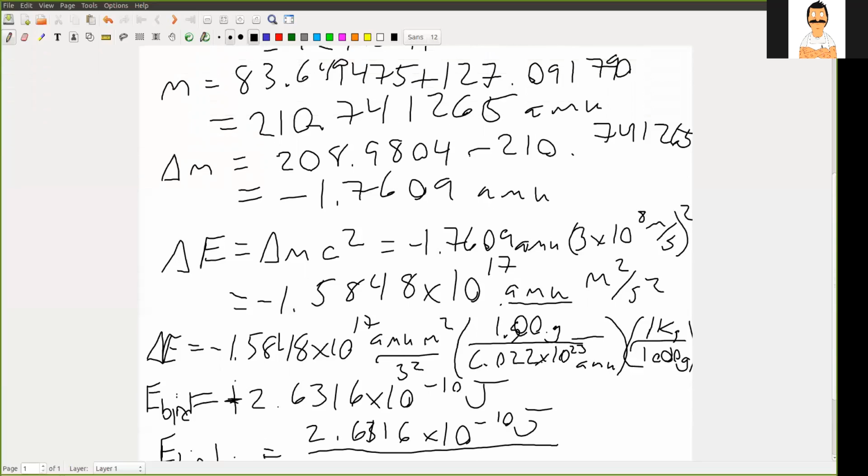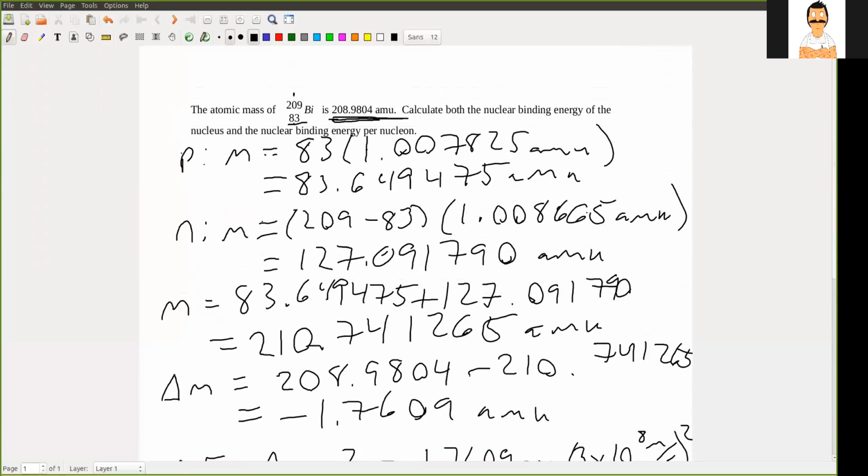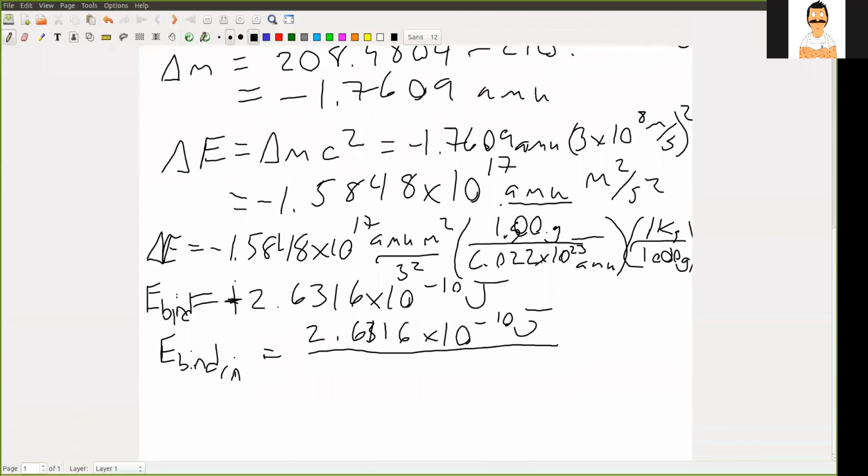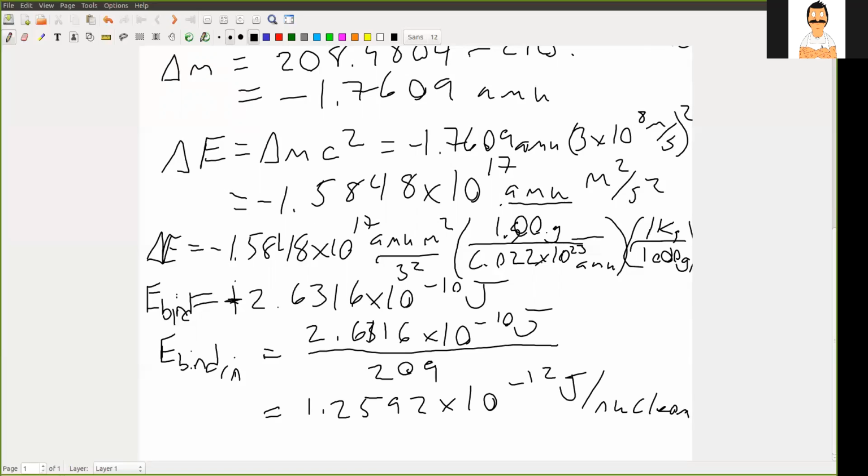And we get that from our superscript right up here. So we're looking at 209 nucleons. So we end up with 1.2592 times 10 to the minus 12 joules per nucleon. So that's how you would go about finding the binding energy for a given species.